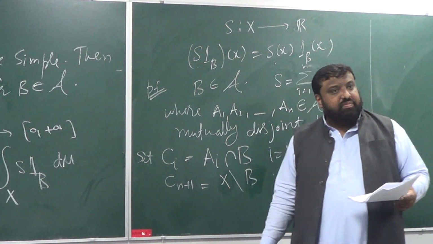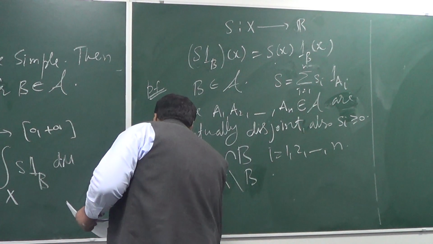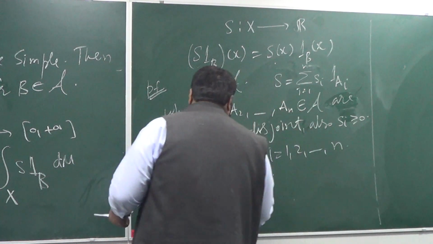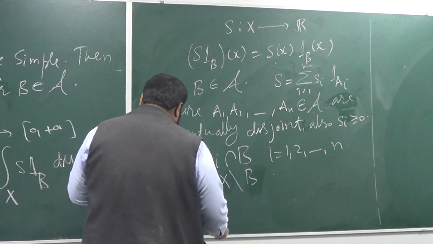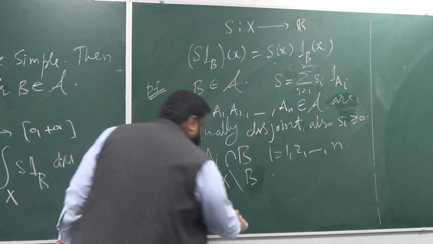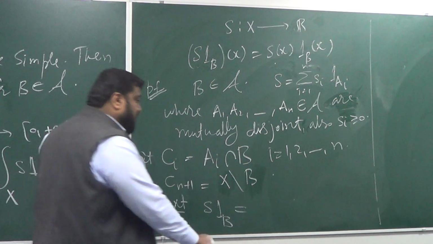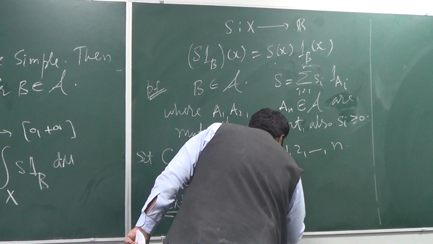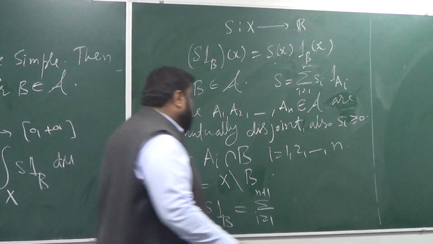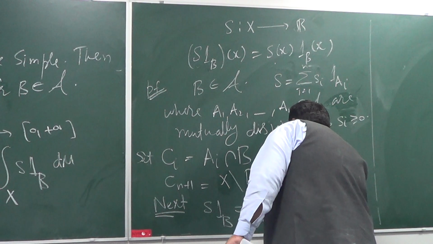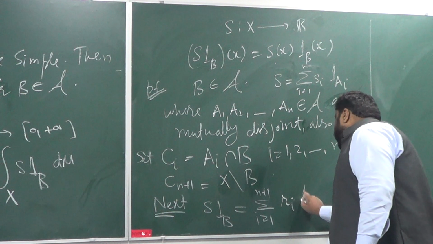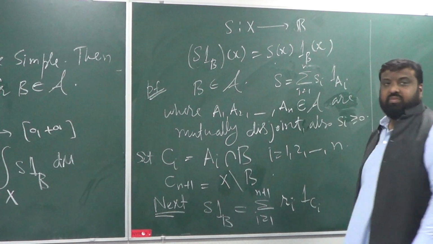Next, I am saying that I want to see the function s times the indicator of B as a sum from i equal to 1 to n plus 1 of the product of R_i's, which I am going to define soon, multiplied by the indicator function of C_i's.